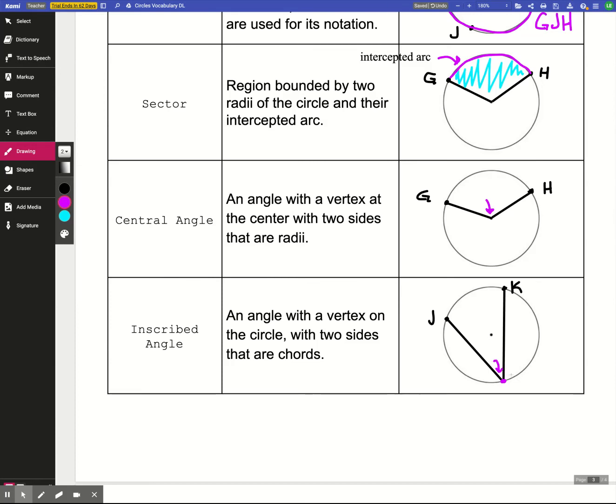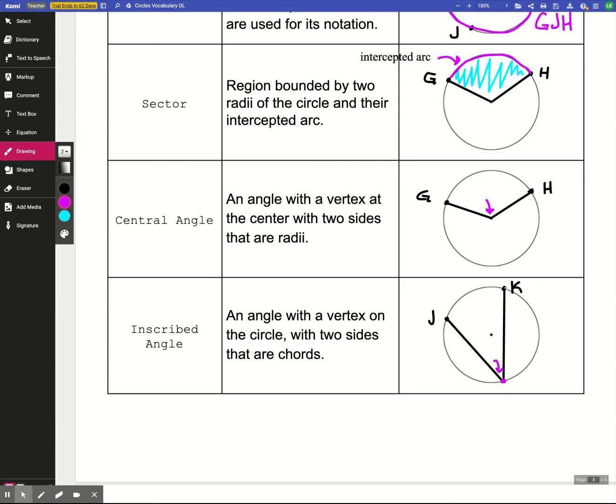I don't know if you all have ever seen those videos where people cut foods wrong, like pies and pizzas or cakes, where they don't cut lovely slices to the center. They make something that looks more like an inscribed angle. So the vertex of an inscribed angle must be on the circle.